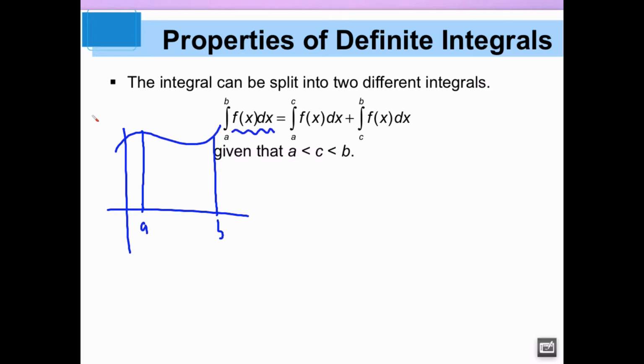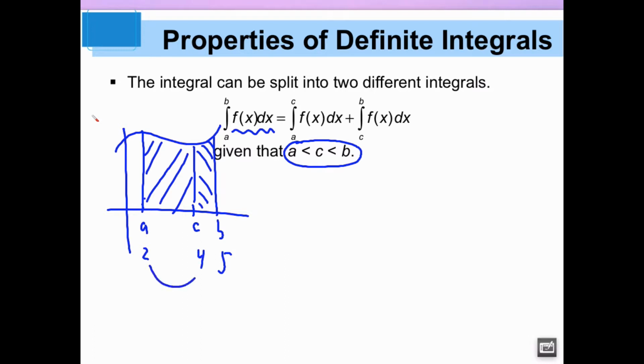But it says that if I take a point C somewhere between A and B, let's put C here, I can break this into two regions. Here's one region, here's the other region. Okay, does that make sense? This is the important part. C has to be between A and B, otherwise it doesn't work. So instead of going from 2 to 5, I can go from 2 to 4, and then from 4 to 5.